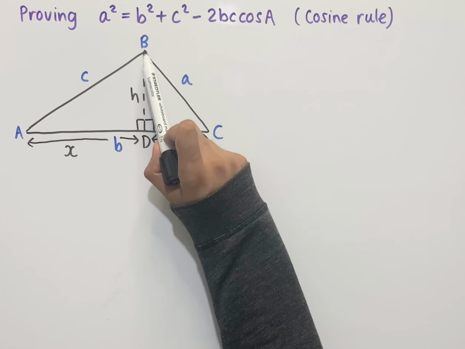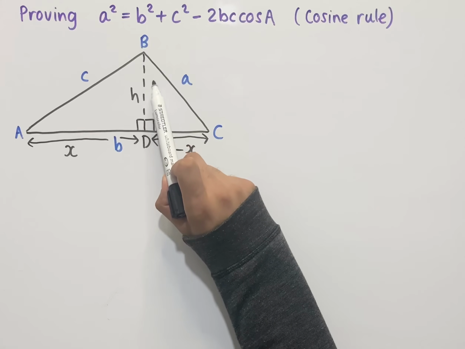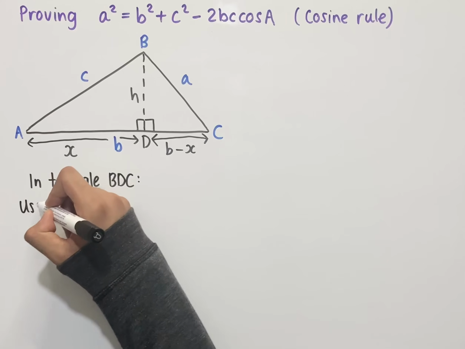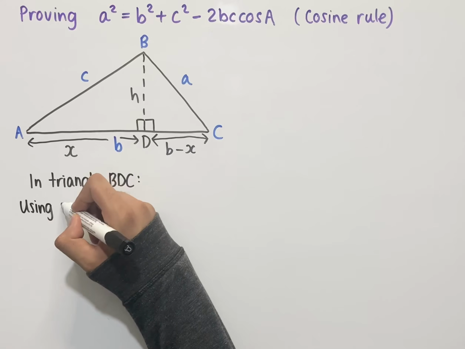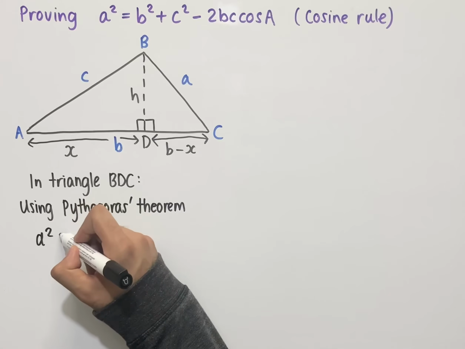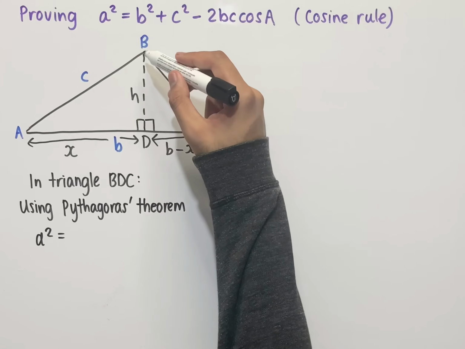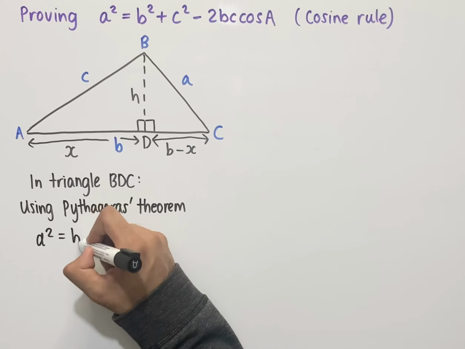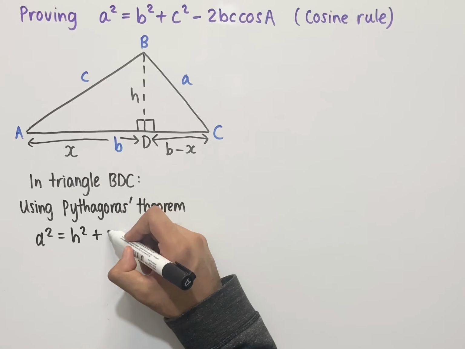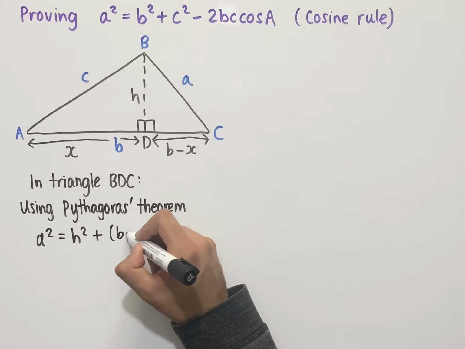In triangle BDC to start off with, so that's the triangle that's right angled on the right here, using Pythagoras' theorem, we get a squared, which is the hypotenuse, which equals h squared, which is this side length here of the triangle BDC, plus b minus x all squared, which is the other side length of the triangle BDC.